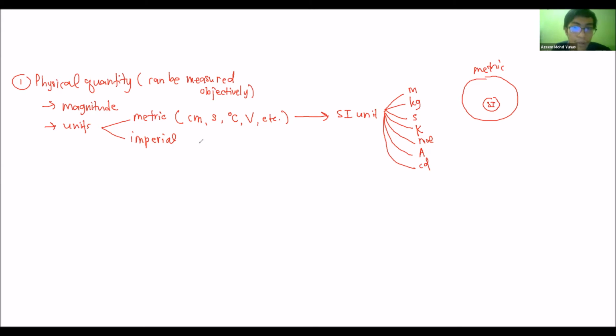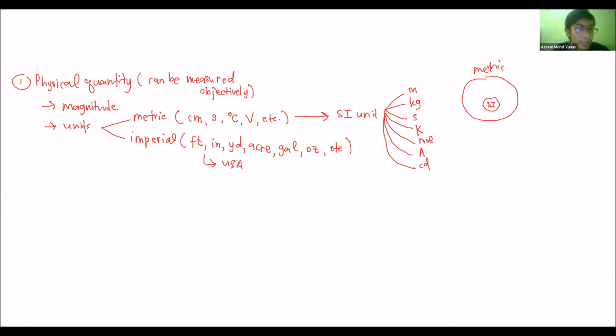Imperial is a very old set of units used before the metric units, such as feet, inch, yard, acre, gallon, ounce, etc. Even though rarely used, they are still used in some countries such as the USA.